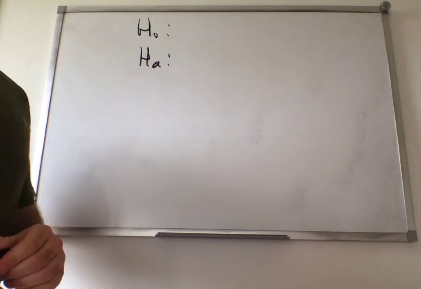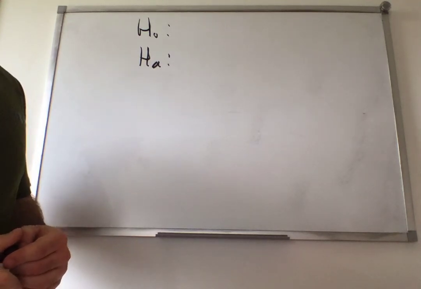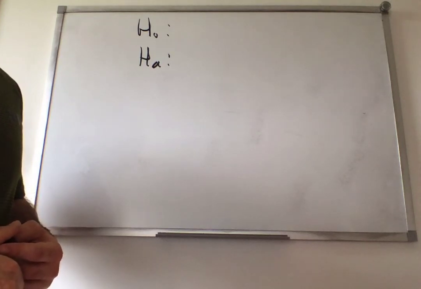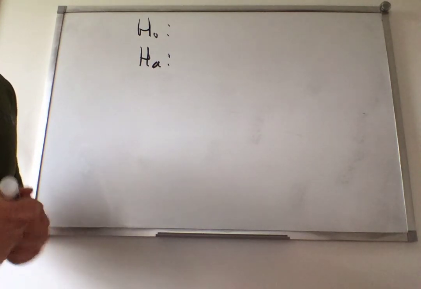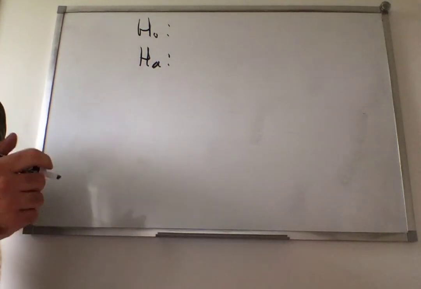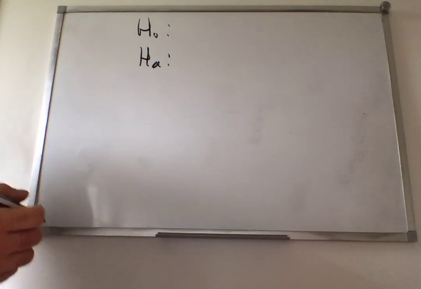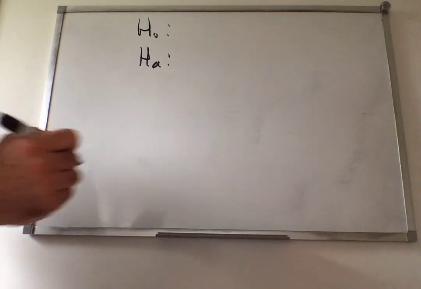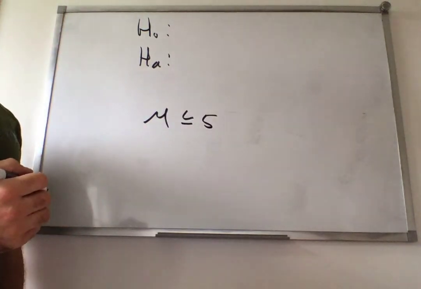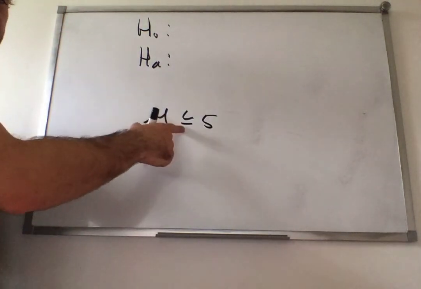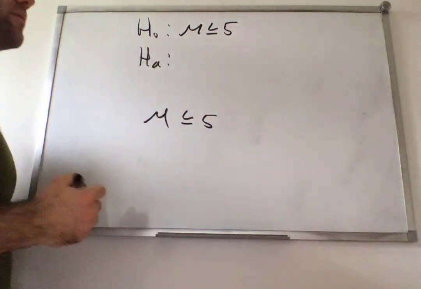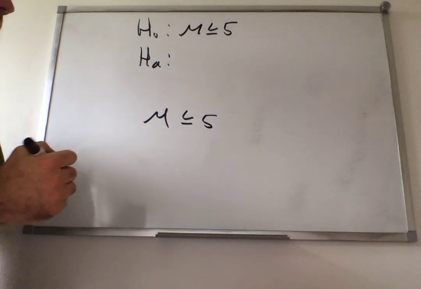We want to test whether the average time needed to complete a bachelor degree in the U.S. is less than or equal to 5 years. Okay? We want to test, so there's our claim. So mu is less than or equal to 5 years. It has the equal to sign, so it goes on the null.